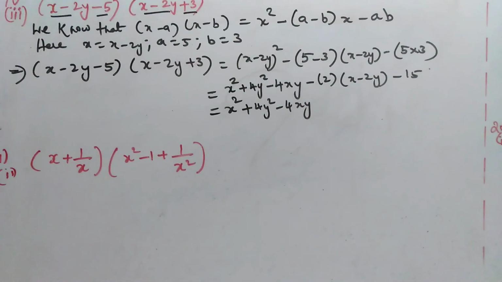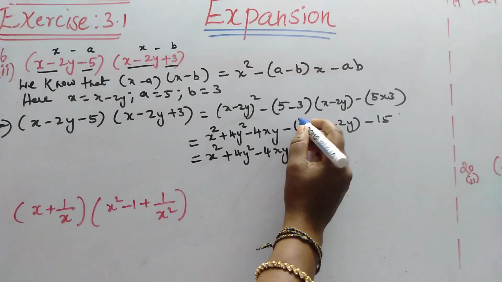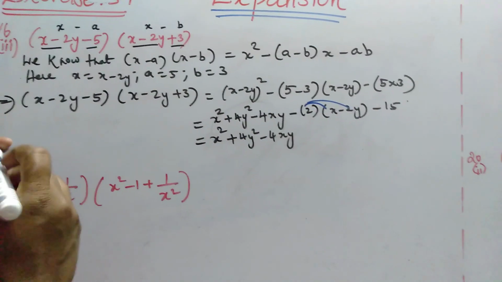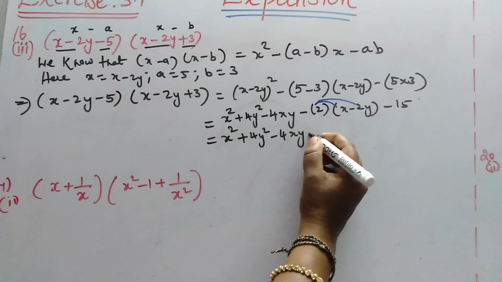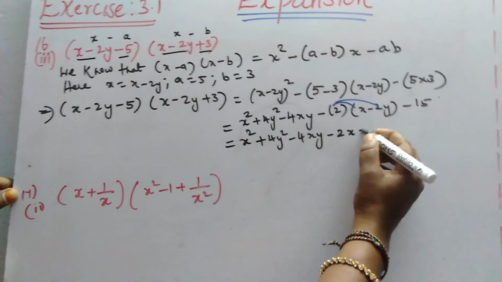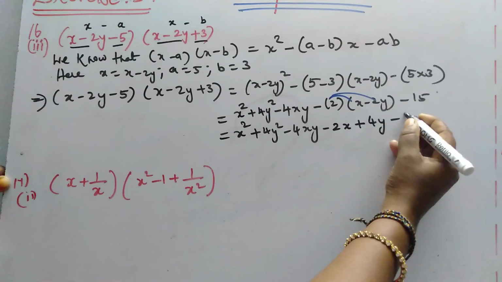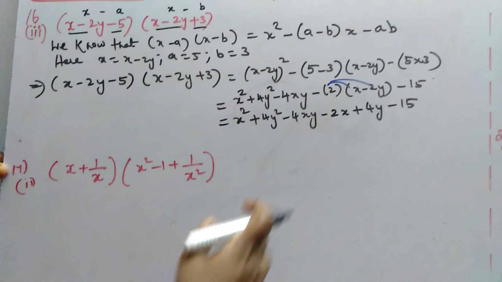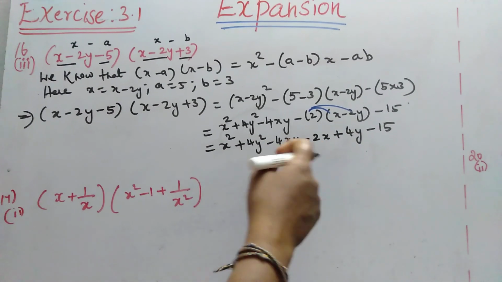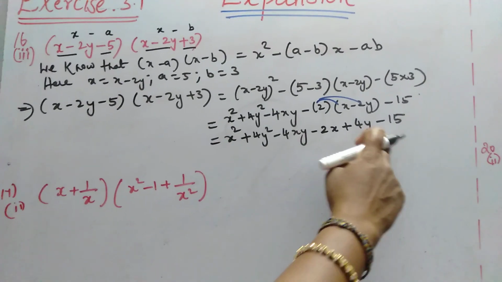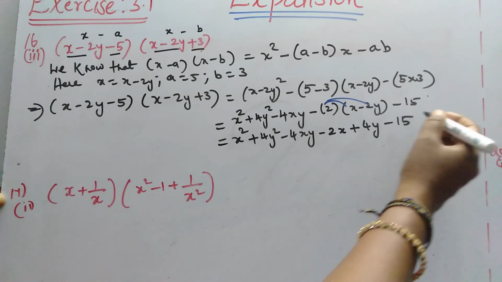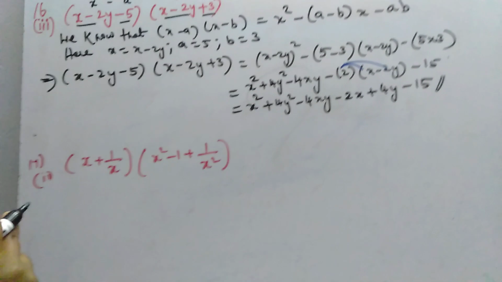Then we have to expand this one by multiplying with 2, right? So it can be written as minus 2x plus 4y minus 15. If there are any like terms, we can add or subtract. So all the terms are different. So this is the solution of this question.